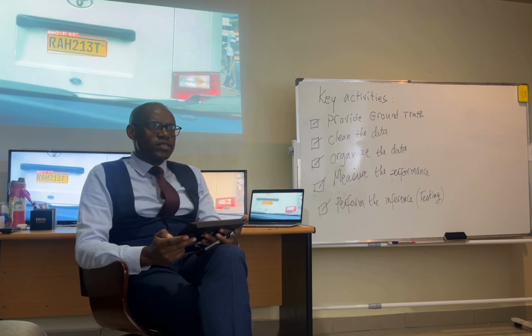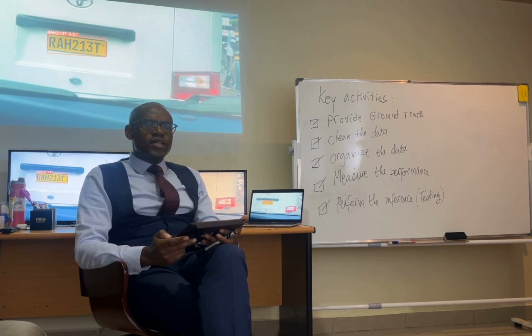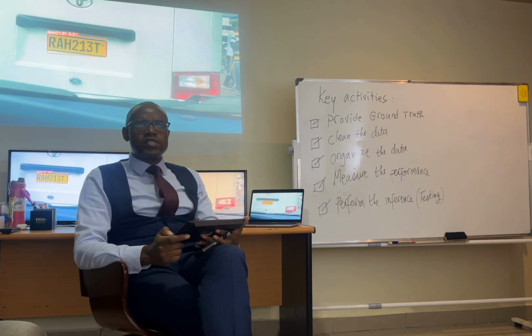That's the self-evaluation. Can I predict its class with good precision? Have you heard of recall and precision? And mAP, mean average precision, combines both precision and recall to give an overall performance score.